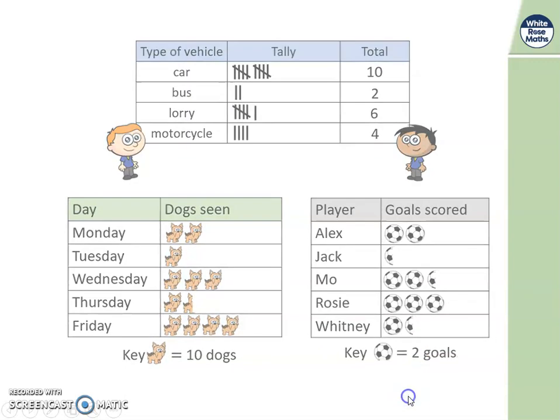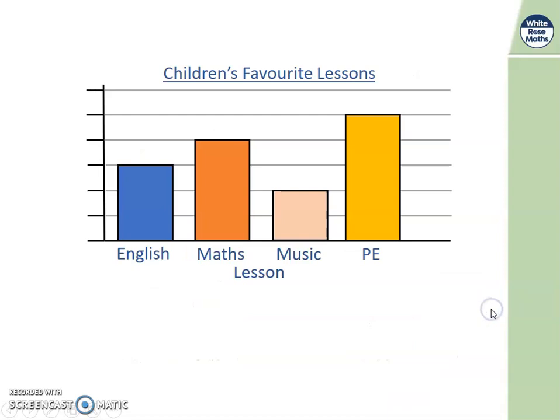Well done. So let's look at the bar chart that we have. The bar chart uses these bars to show us how to represent the data. So let's have a look. What do we notice? What can we see in this bar chart? I can see a title.